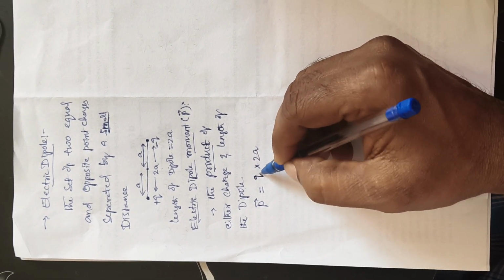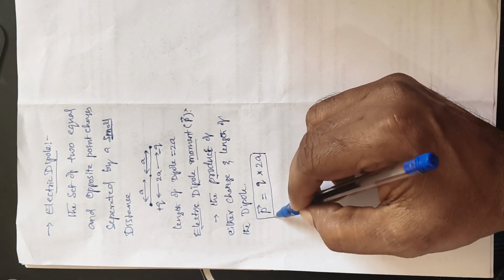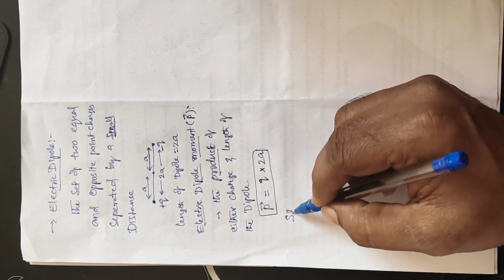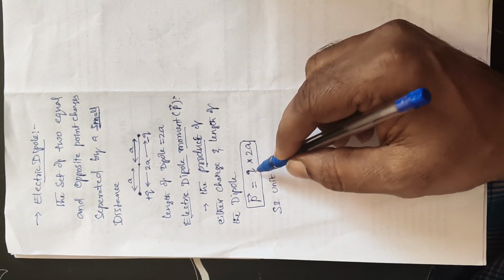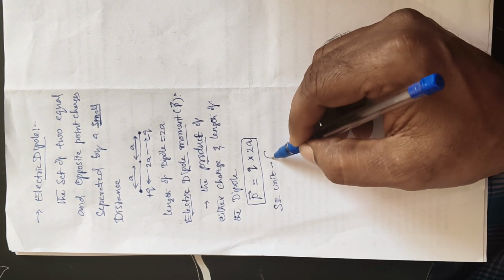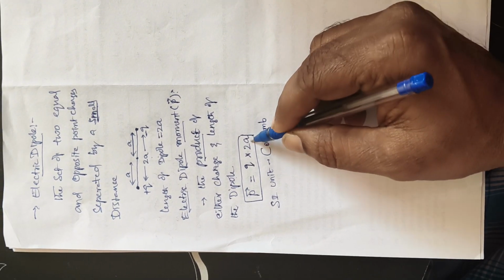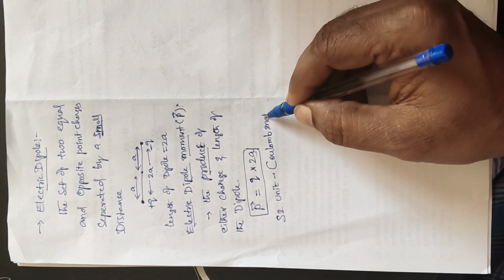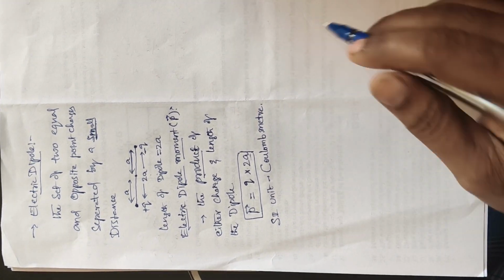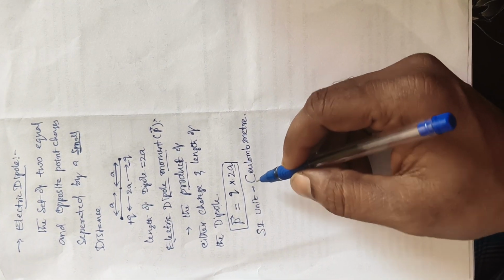So this is the dipole moment equation. So the SI unit is Coulomb. Q means what? Charge. Charge SI unit is Coulomb. 2a means length of the dipole, that's why it is meter. So this is electric dipole moment.